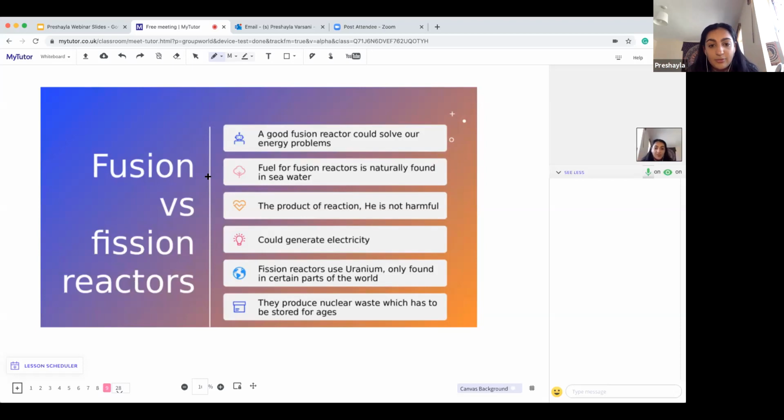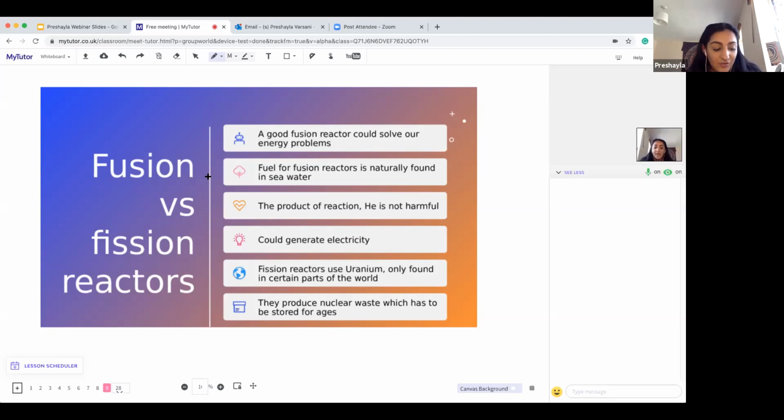And it would allow us to generate electricity. So the fuel is naturally occurring. It's in our seawater, which we have an abundance of. The product of the reaction is not harmful, so there's no nuclear waste, and we can generate electricity. So that would all be really, really good effects. However, we're not really good at creating them.